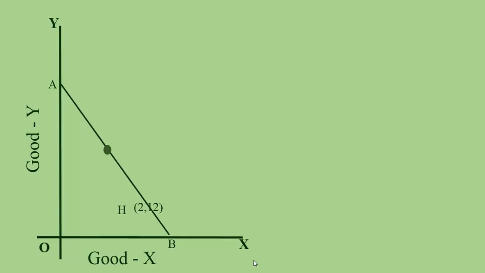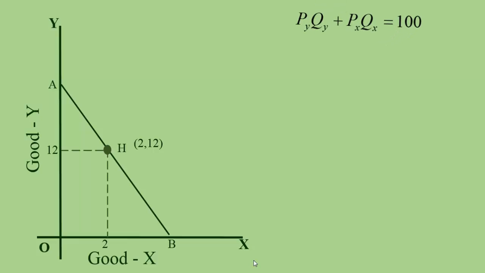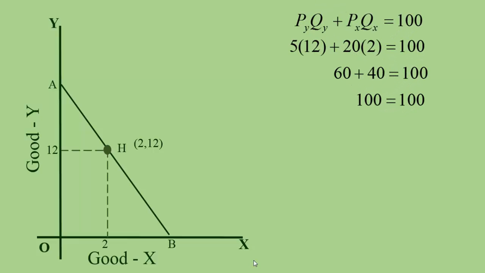For example, take combination H. It lies on the price line. It represents 2 units of good X and 12 units of good Y. It exhausts his entire income.